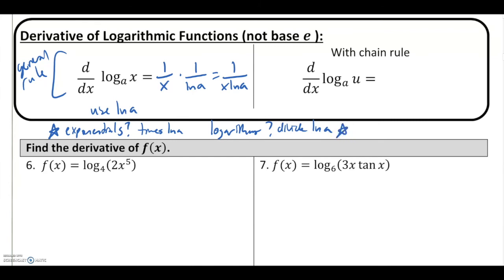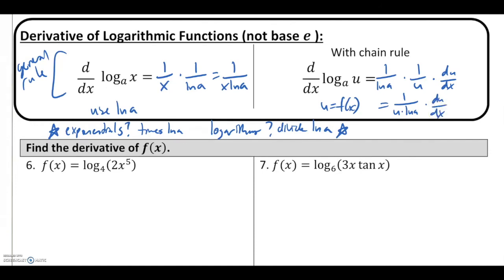And so always using chain rule on a logarithm and expanding it to any type of function where u is f of x on the inside of our log base a, we're going to get our 1 over the natural log of the base, we're going to get 1 over our inside function, and then times derivative of that inside function. So we'll get 1 over u times natural log of a times derivative of the inside function.